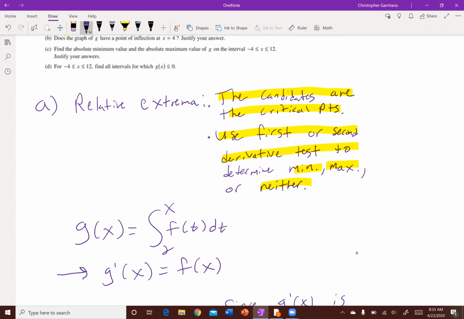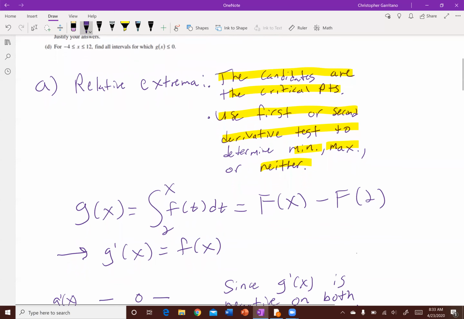And again, the proof of that is because the definite integral of f from 2 to x is equal to big F of x minus big F of 2. When we differentiate big F of x, we get little f of x. When we differentiate big F of 2, we get 0, right? So it makes sense to say that the derivative of g is just simply equal to f of x.